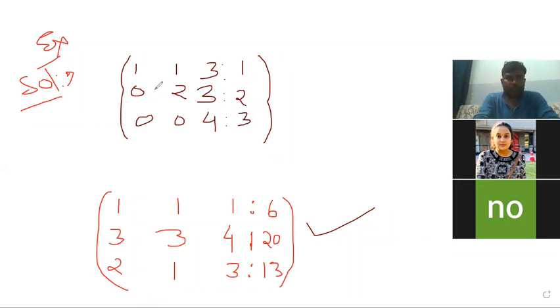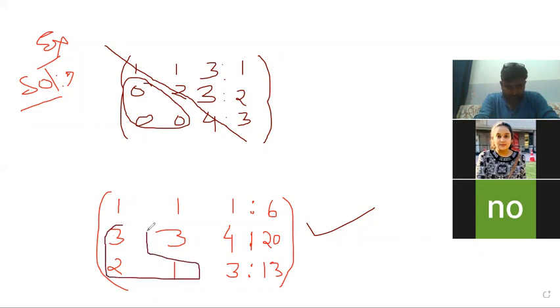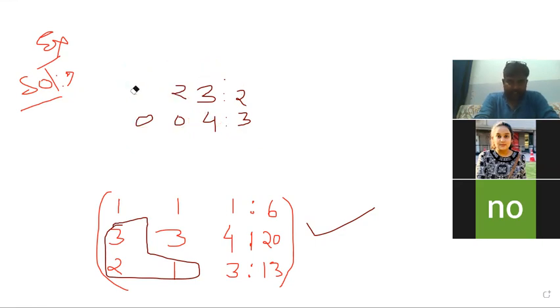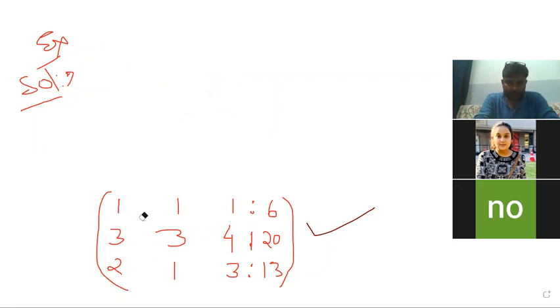Our target is that below this diagonal, these three values should be 0, in any way, by applying the row operation or the column operation. If you do not know what the row operation is, and you are listening the first time, I will tell you how to do that. So see this here.